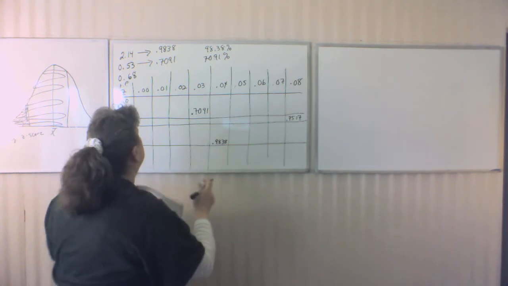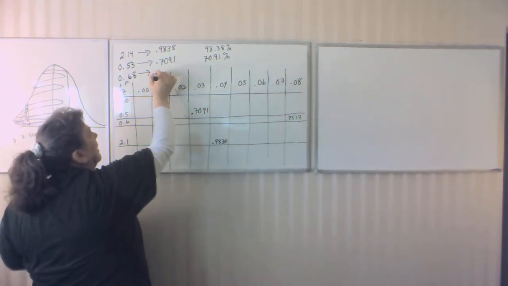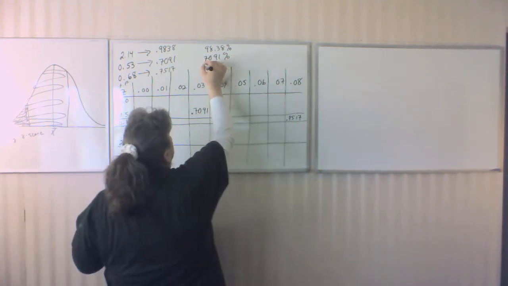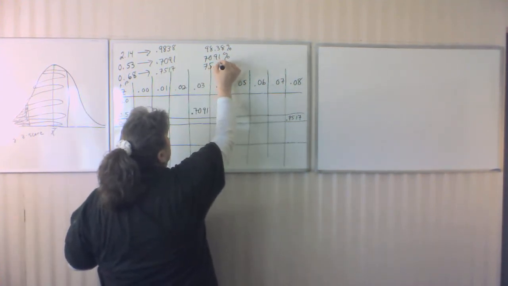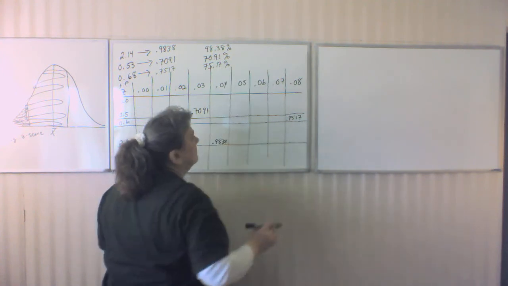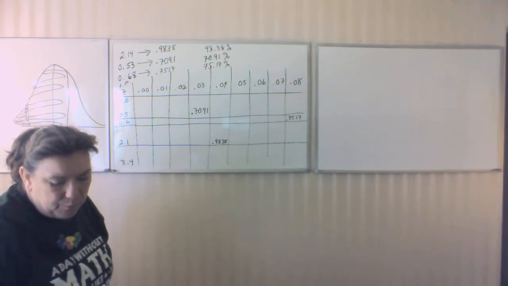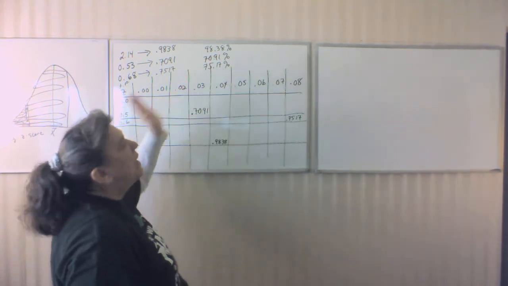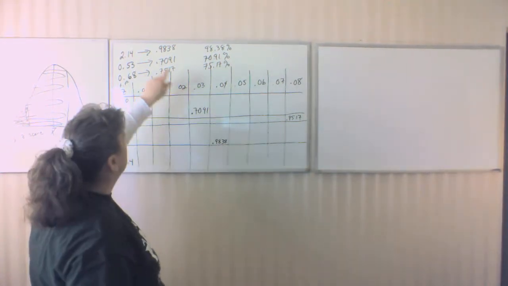And so this student had 0.7517, or a 75.17 percentile. Okay? What if we wanted to know what was the chance of them doing better than this one?